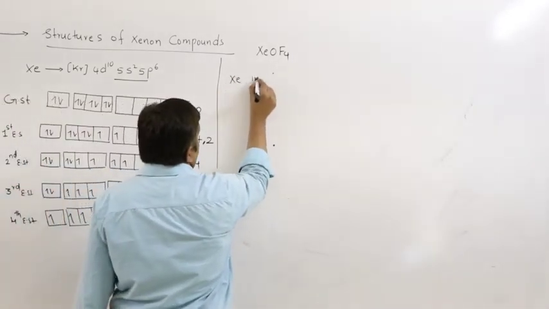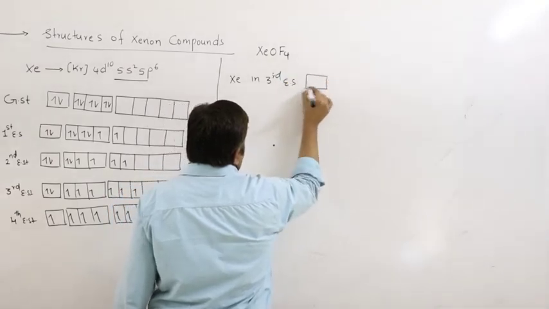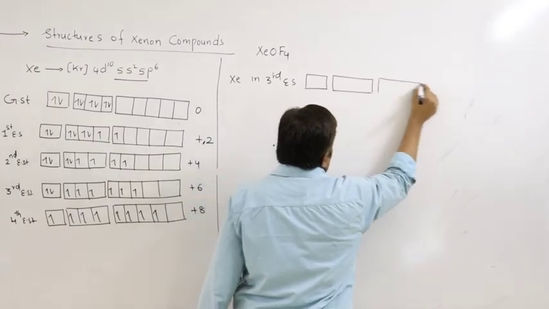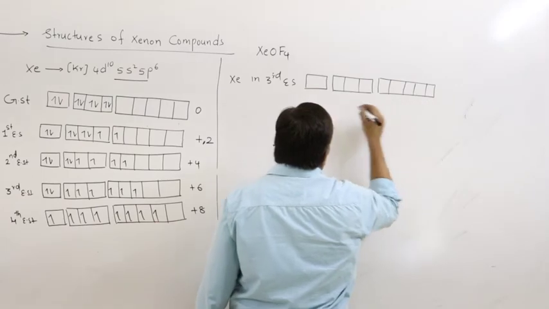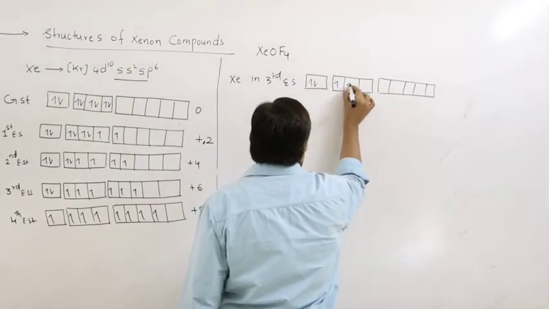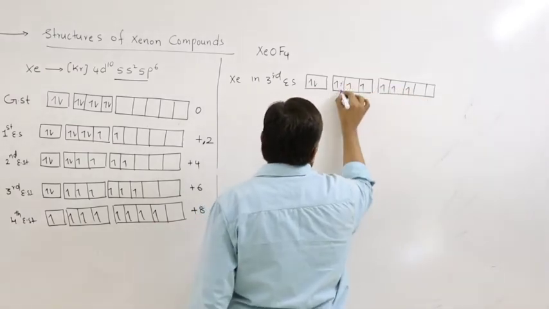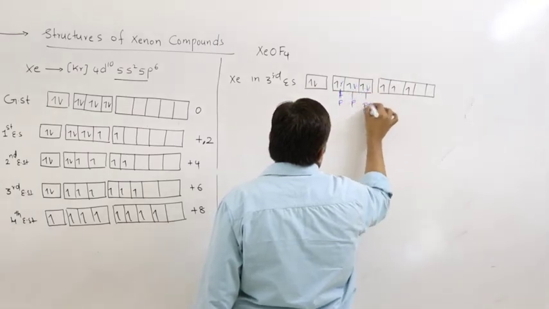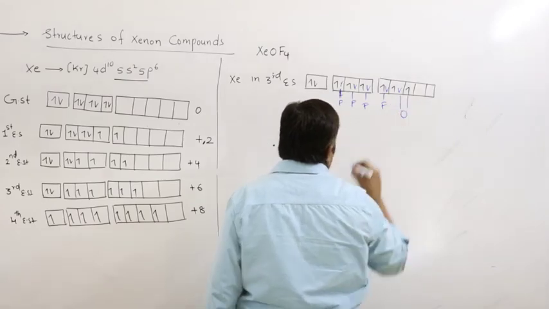So xenon in third excited state. One lone pair, 4 fluorines, 1, 2, 3, 4, oxygen forms 1 sigma and 1 pi bond.